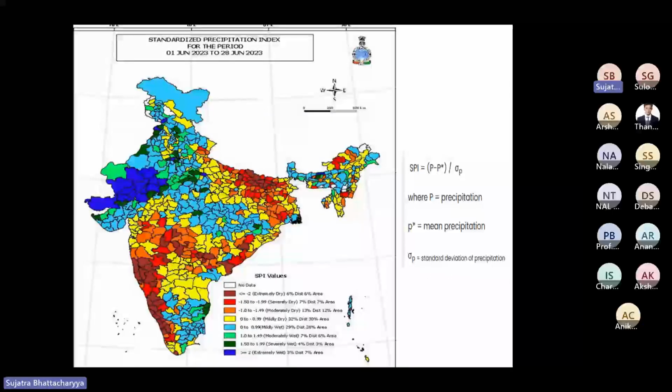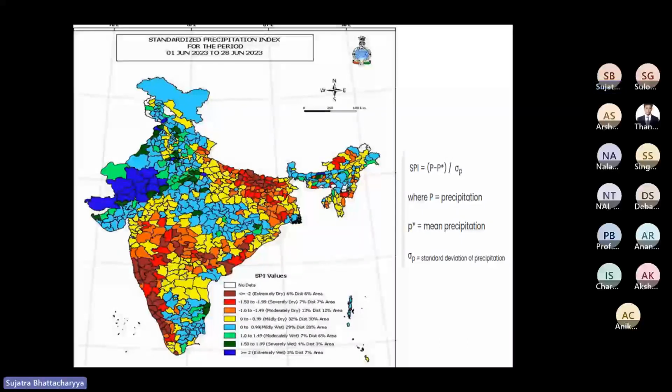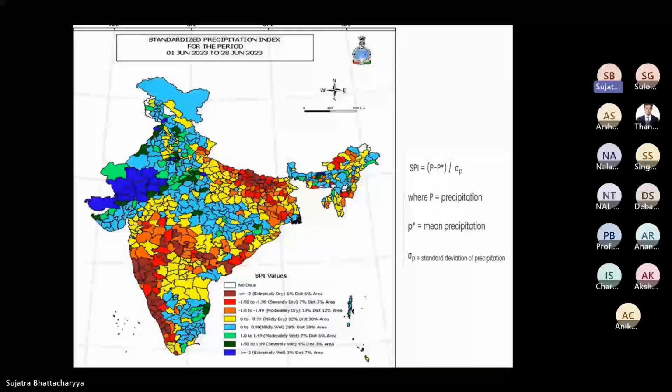This captures it better. So it shows that in the first month of the monsoon this year, although there was a lot of rainfall in the Western Ghats, it was pretty dry according to this index. So rainfall is well below normal here, and also in Central India, and also in Eastern India.